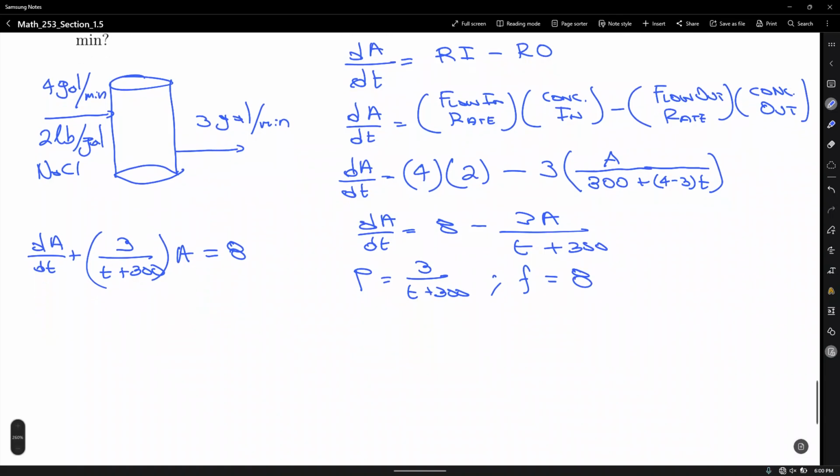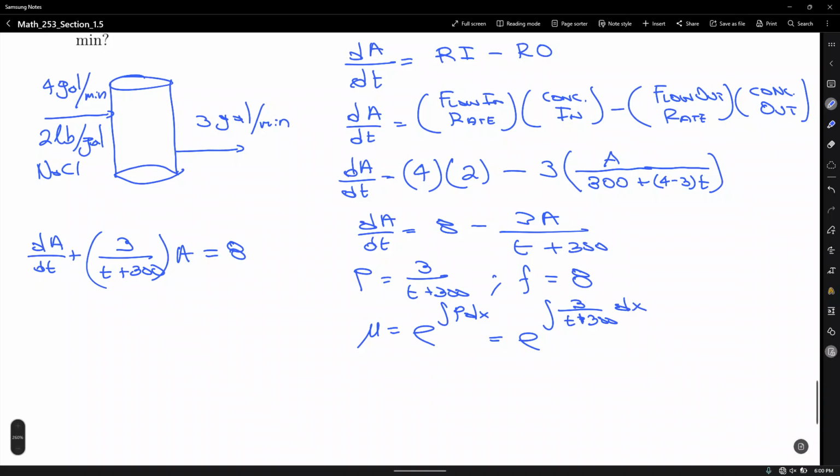So at this stage, we're going to get the integrating factor mu equals e to the integral of p dt, which equals e to the integral of 3 over (t plus 300) dt.